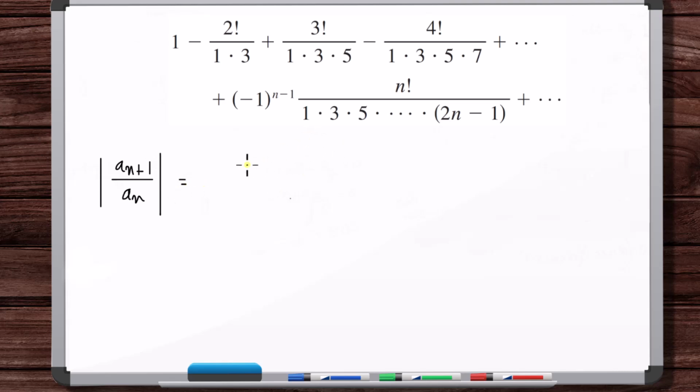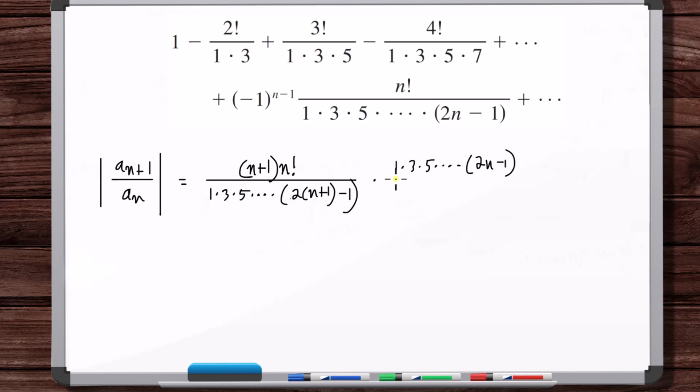So a sub n plus 1 is going to be, so let's see, we've got 1 times 3 times 5, and then 2n plus 1 minus 1 over n plus 1 factorial, which is n plus 1 times n factorial, and then times 1 times 3 times 5, and then 2n minus 1.